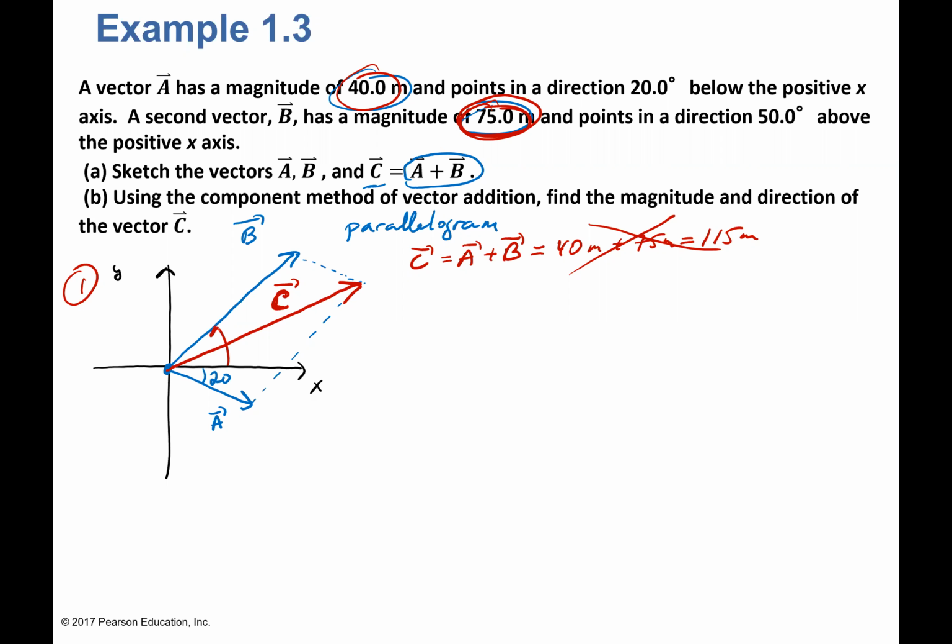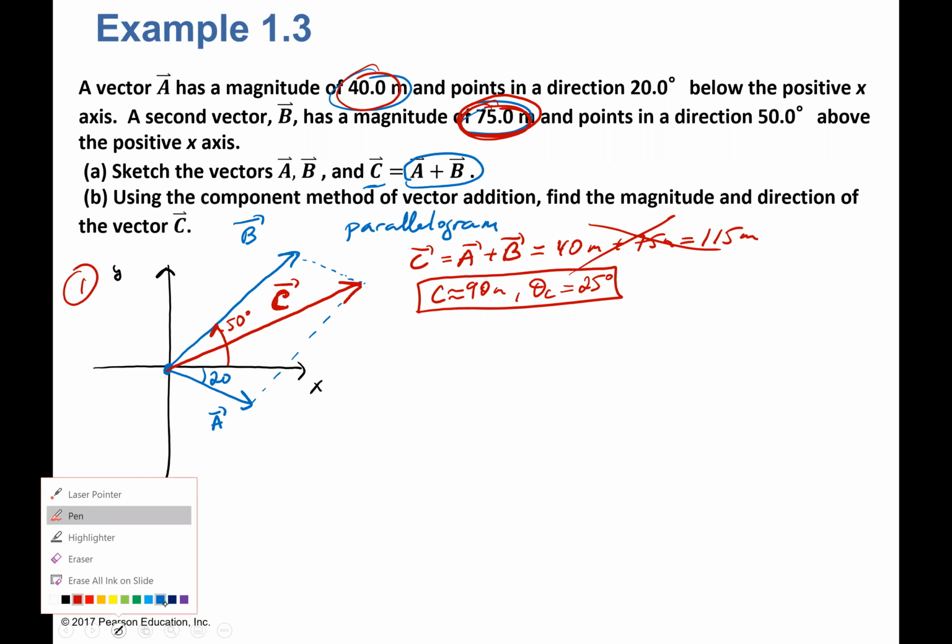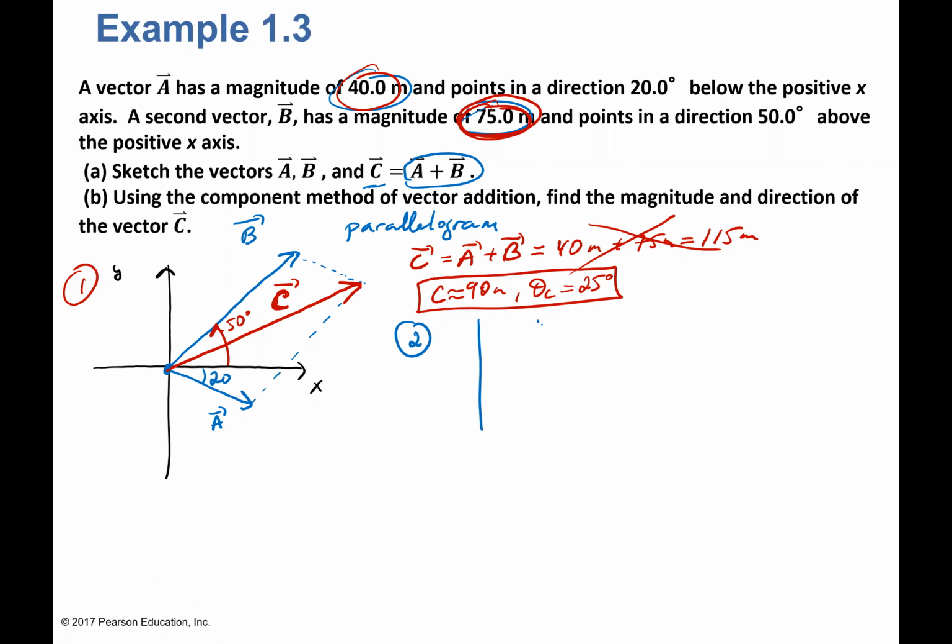If this is 50 degrees, well, this is a little bit less, so I imagine it's roughly about half of that angle. That means my estimation is C approximately 90 meters in terms of its magnitude, and direction is roughly 25 degrees. Those are my estimations, again, by looking at the graph that I have. Now, what I'm going to do here is do the calculations. So for that, I go to step 2, which would be to make the table.